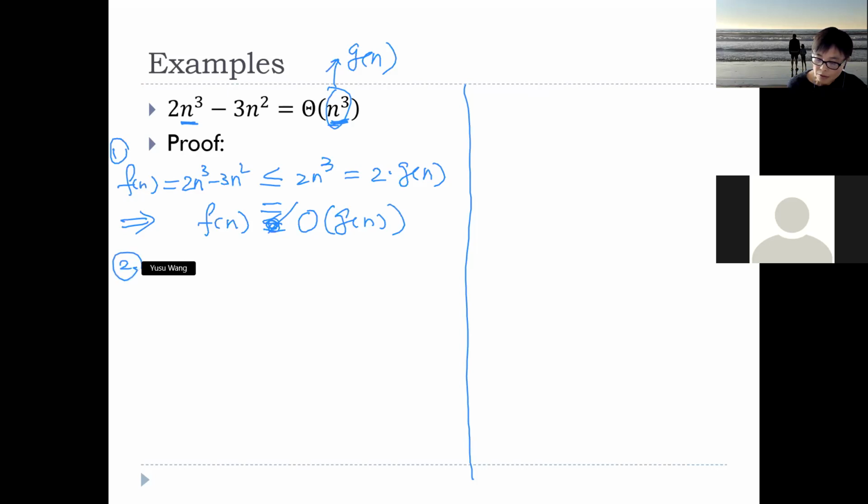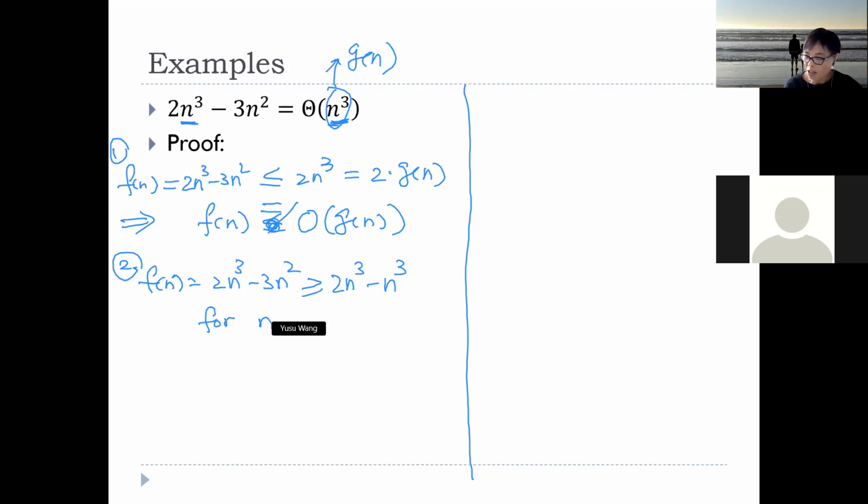Furthermore, f of n is bigger than, say, 2n cubed minus n cubed for n large enough. For example, this holds if n is bigger than 3. You can verify this is true for n bigger than 3.